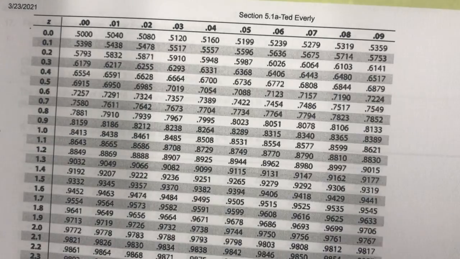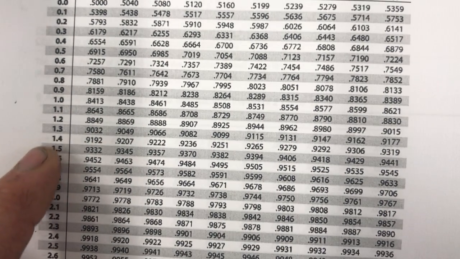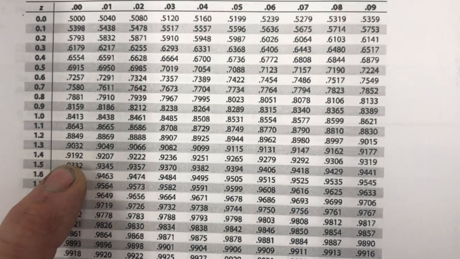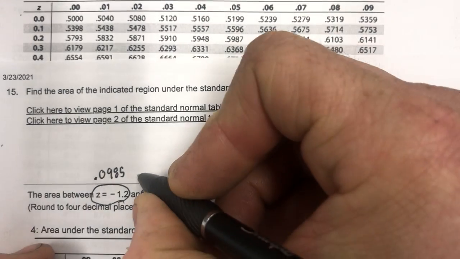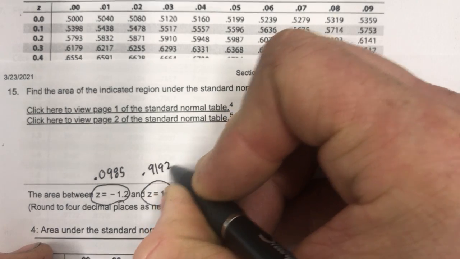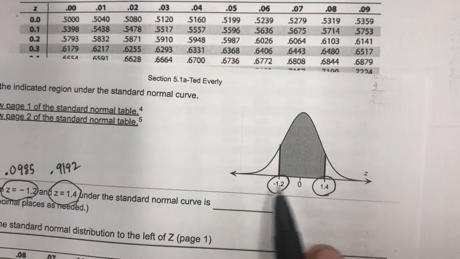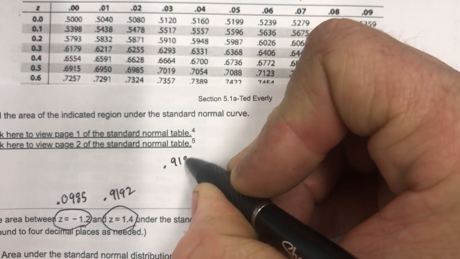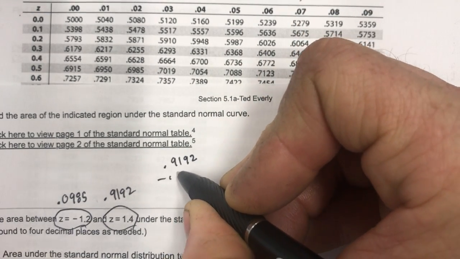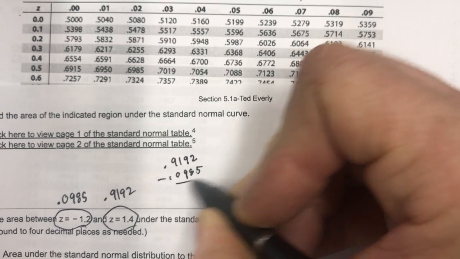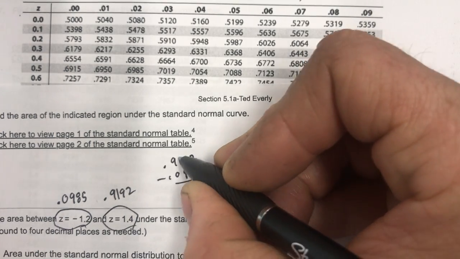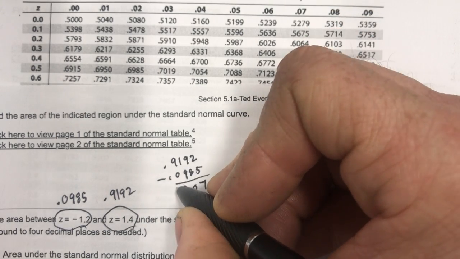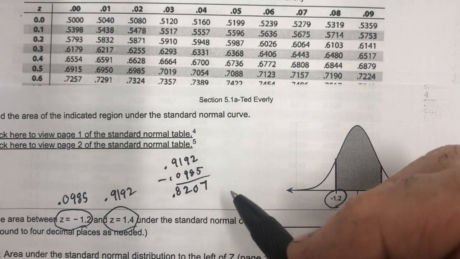It's on the positive page. 1.4 is 0.9192. Now, since I'm between those two values, I need to subtract these two numbers. So I'm going to put 0.9192 subtract 0.0985. This is going to be 0.8207.